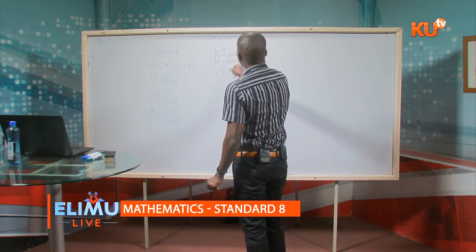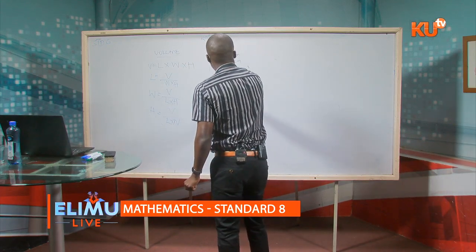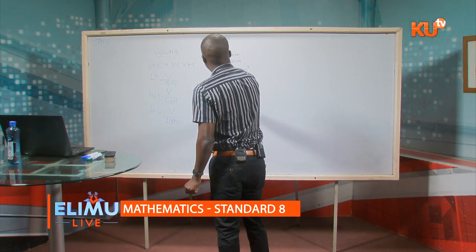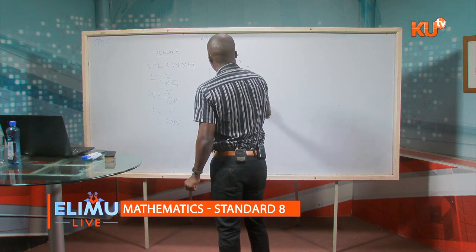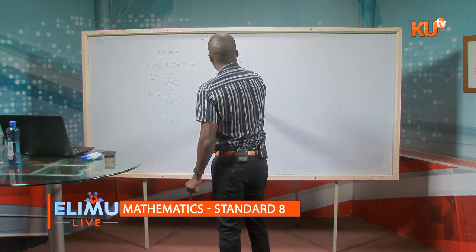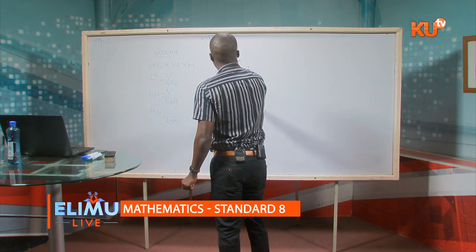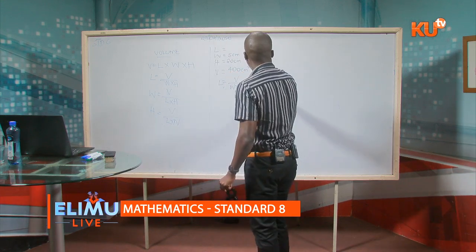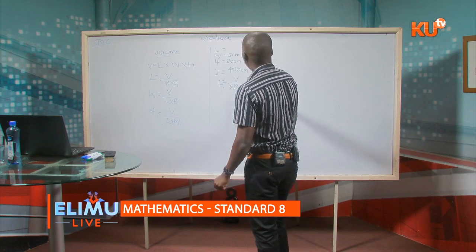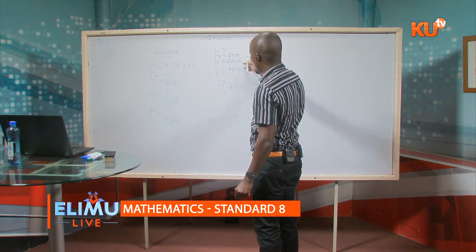And volume, since it's 400, we say that length is volume divided by the product of width and height, which gives us 400 over 5 times 20.